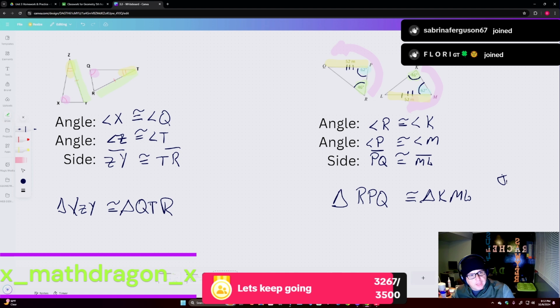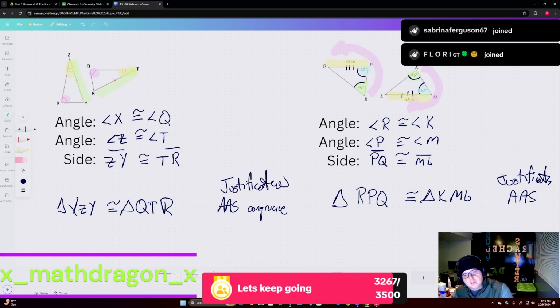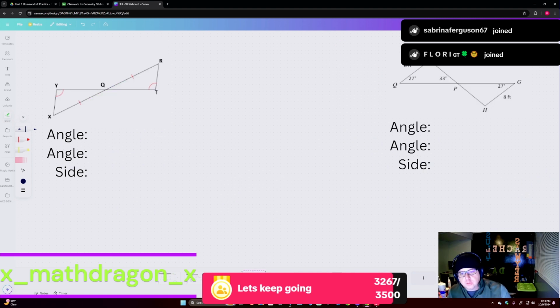What's our justification for that? Angle, angle, side congruence. Same thing here. Angle, angle, side congruence. And this is justification.